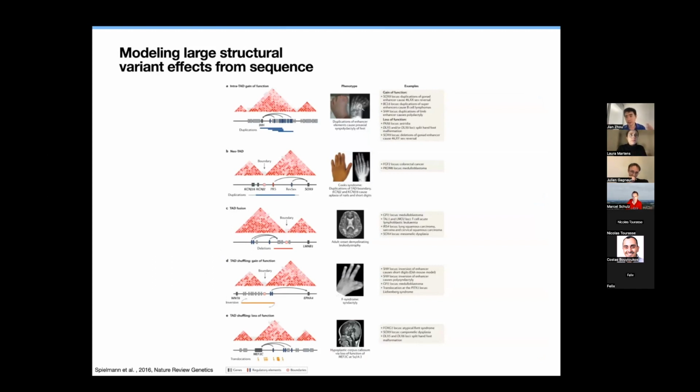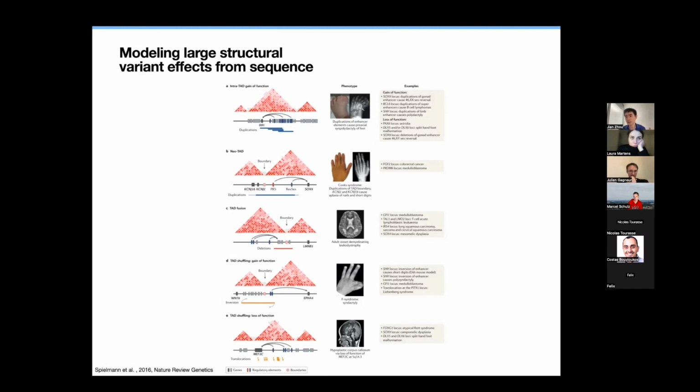So we collected all of those structural variants that have been previously studied with Hi-C or Micro-C data available. We tried to collect as many as possible, tested the in silico predictions, and compared with the observed result. We have the full result in the paper, and I just show one example.